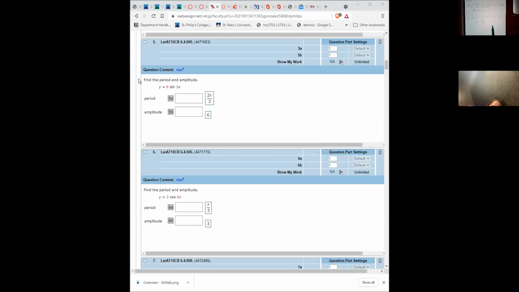It says, find the period and amplitude. So this is example 1, problem 5 from your homework. So you can see right away, right? The number on the sine, the 6, is the amplitude.